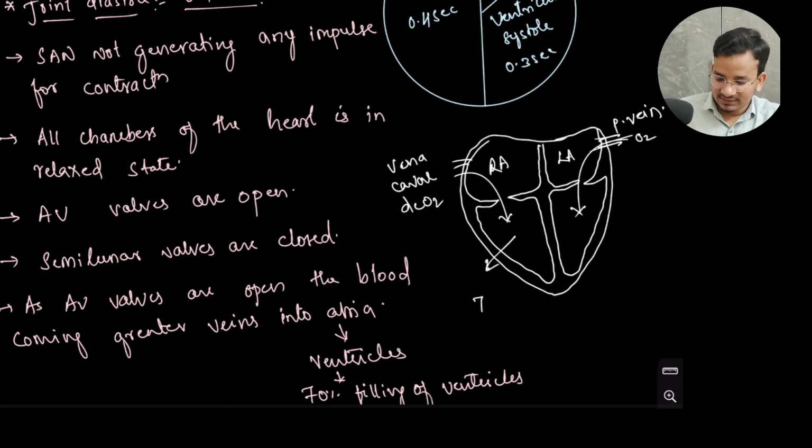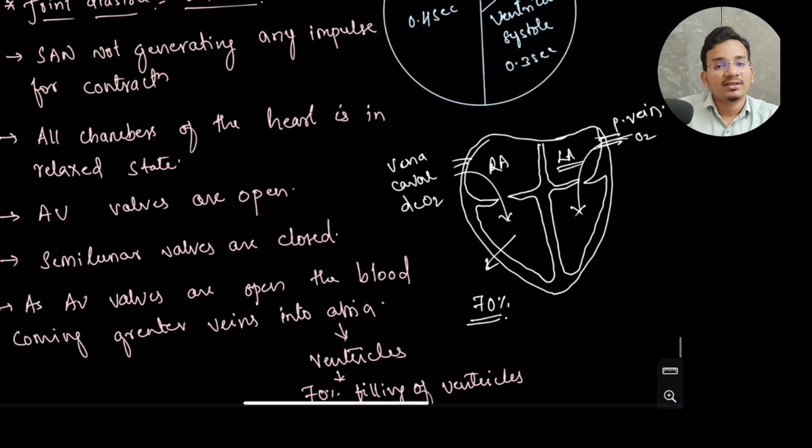So like this, 70% filling of the ventricle is completed in this step. Understood? Okay, so here the SAN is not generating any impulse, all chambers are in a relaxed state and the AV valves are open. So whatever blood is coming into the left atrium by the help of the pulmonary veins, that is oxygenated blood, is directly entering into the left ventricle.